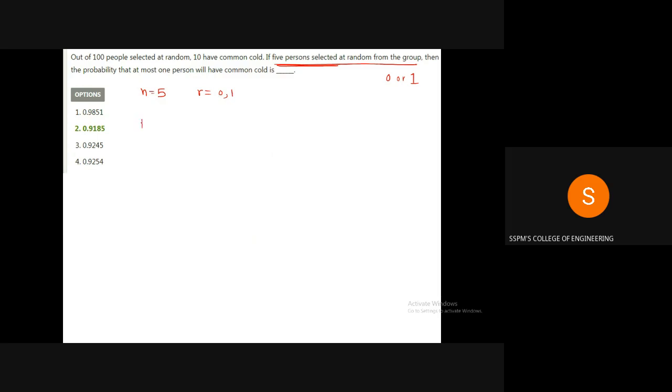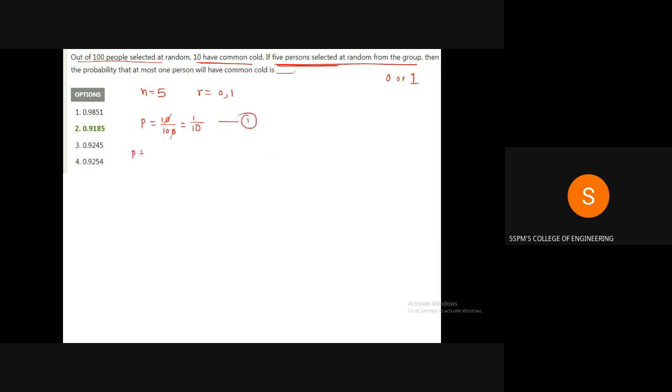Now, what is the value of p? Out of 100 selected at random, 10 have a common cold. So p is equal to 10 divided by 100. The zeros will get cancelled, so p is equal to 1 by 10.